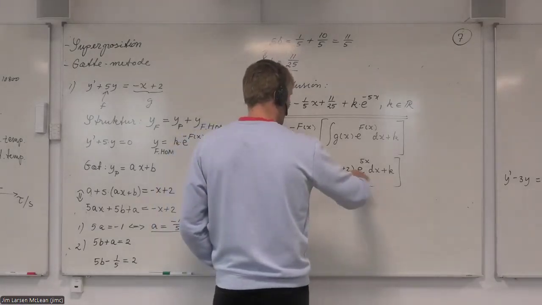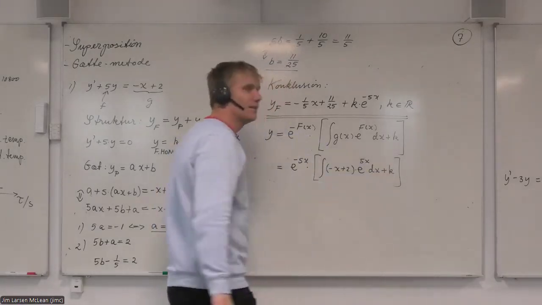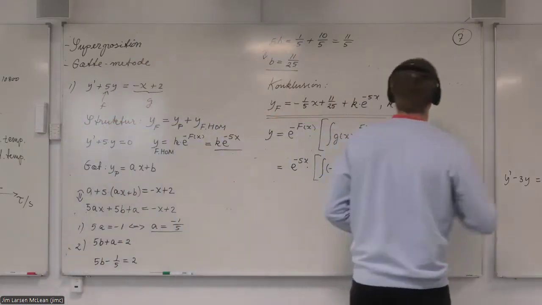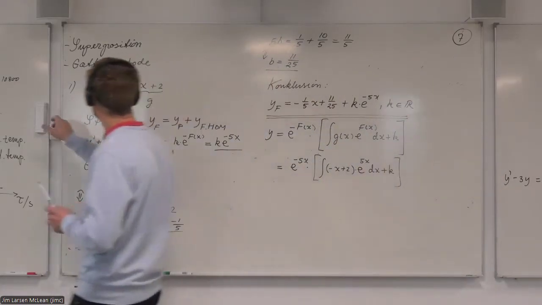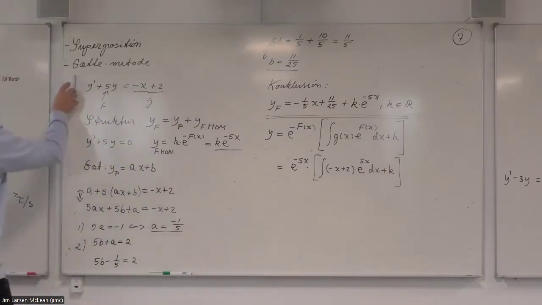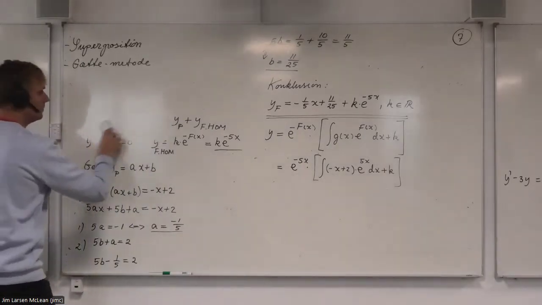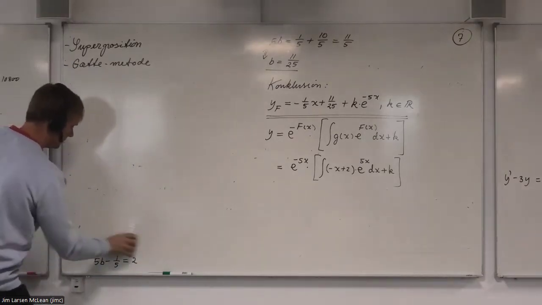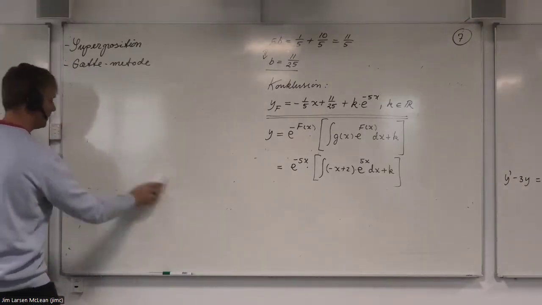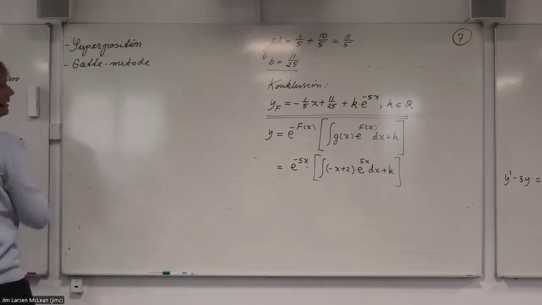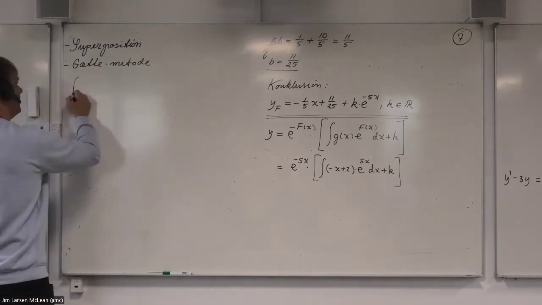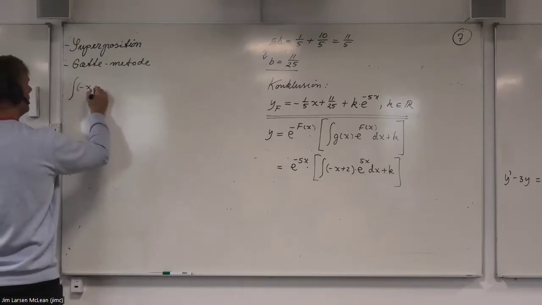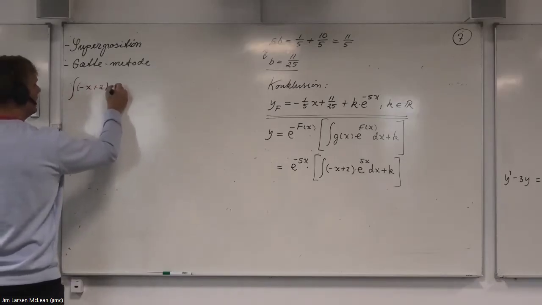I'll just take this integral and solve it separately somewhere else so you can see it, because I probably won't have space down here. So we need to solve the integral of negative x plus 2 multiplied by e to the power of 5x.